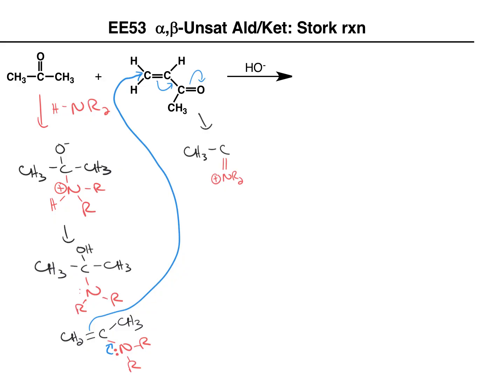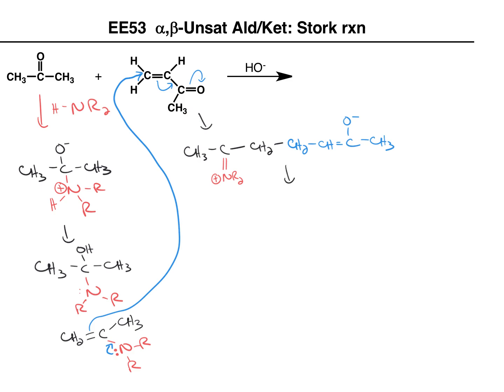This carbon is connected to the CH2, which is now connected to the CH2, CH double bond CO minus, CH3. So here is the enamine, and here is the alpha beta unsaturated ketone.